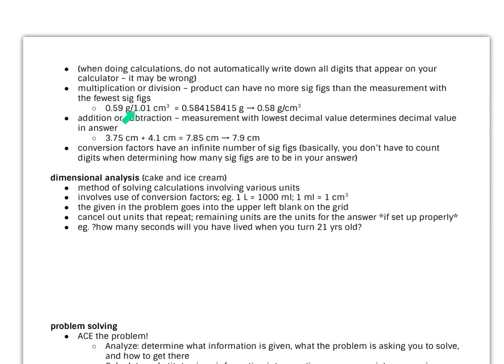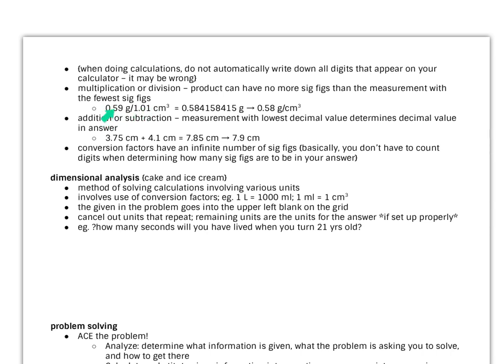So if you just put that in on the calculator, you would get this answer. But this answer is way, way more specific than either of these two measurements you put in.